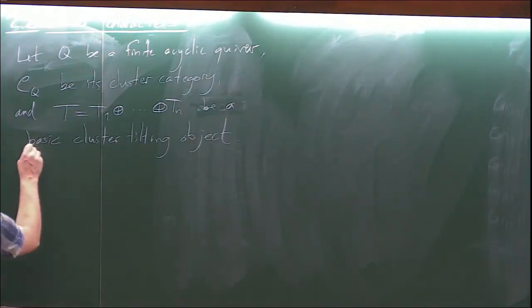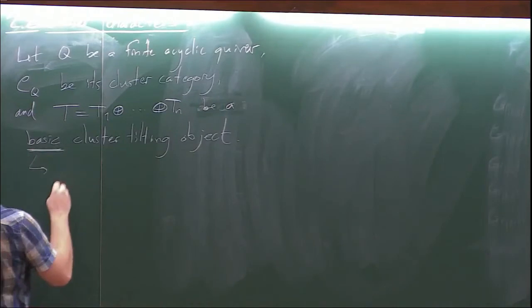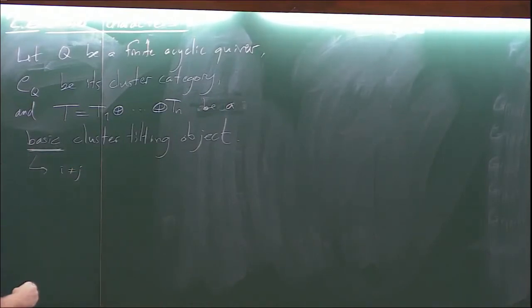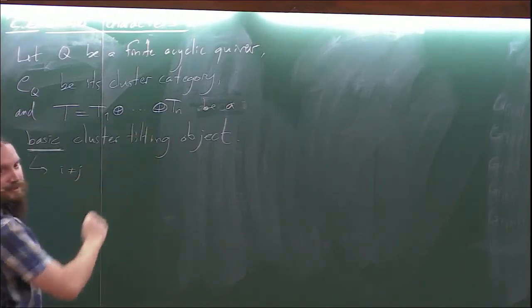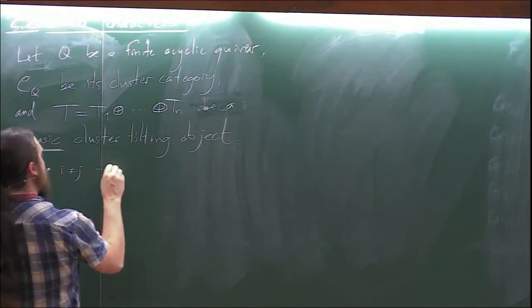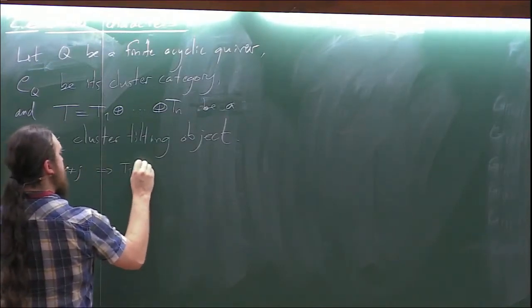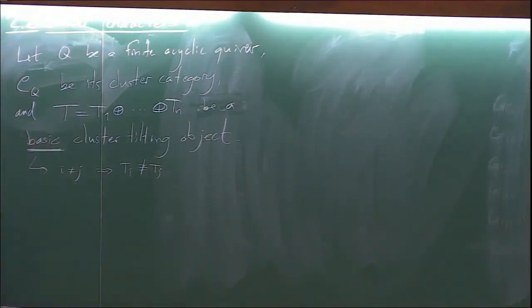Basic here means that if I take two different indices, then the direct factors here are non-isomorphic. It ensures that the endomorphism algebra of T is a basic algebra, so I can give it by a quiver with relations.